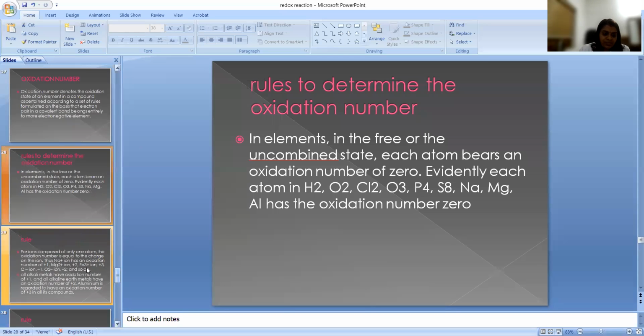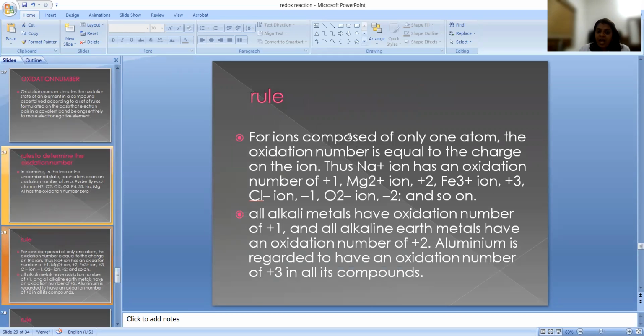And what is the second rule? For ions composed of only one atom, that is monoatomic ions like Cl-, Br-, the number written there is its oxidation number: minus 1, O2-, this is the oxidation number.